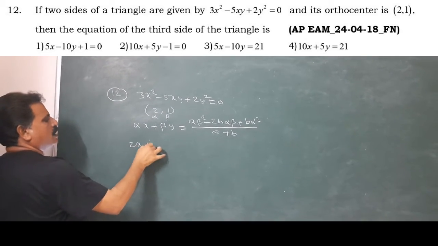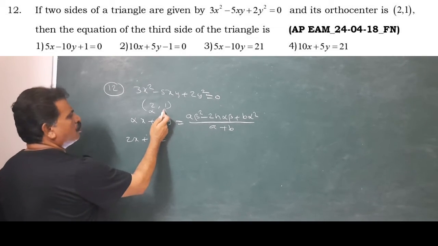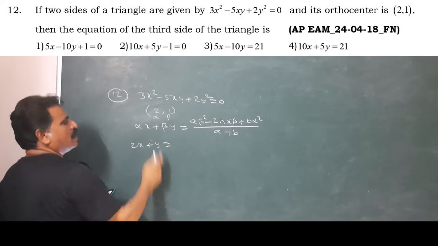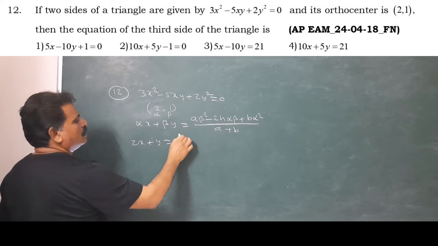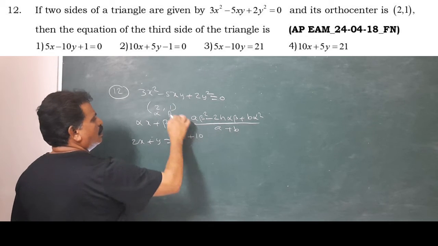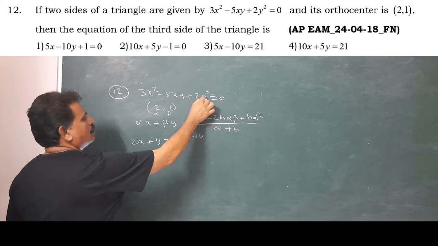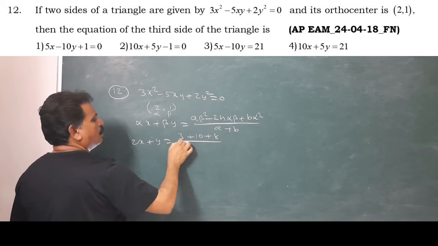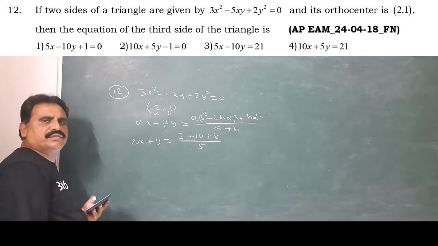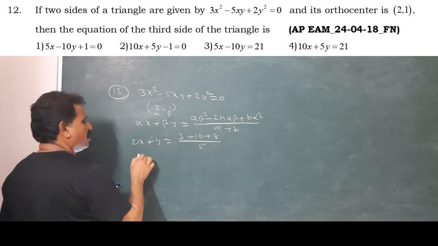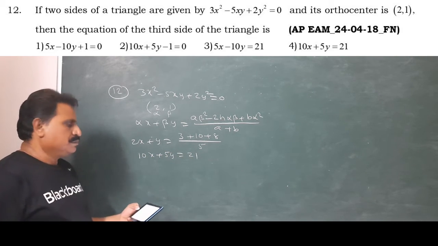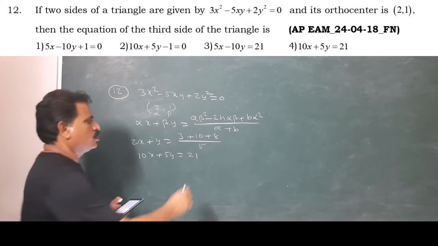So 2x plus y equal to, we just substitute beta and alpha in place of x and y. 3 into 1 is 3, plus, sign changed, 5 into 2 is 10. Next substituting 2, that is 8 by a plus b which is 5, that is 21 by 5. By cross multiplication, 10x plus 5y equal to 21. Simple. That is the fourth option. The fourth option is the right answer.